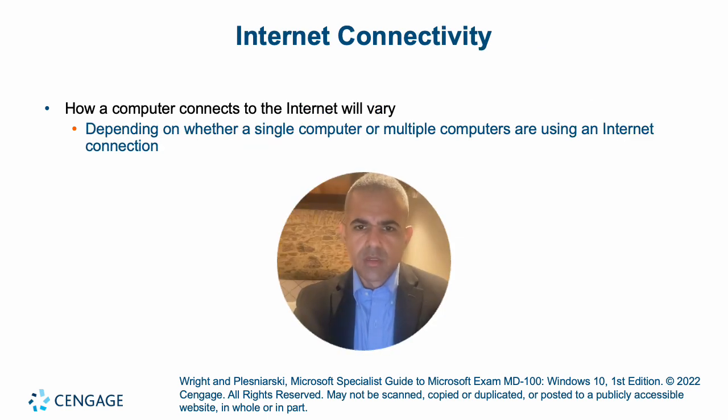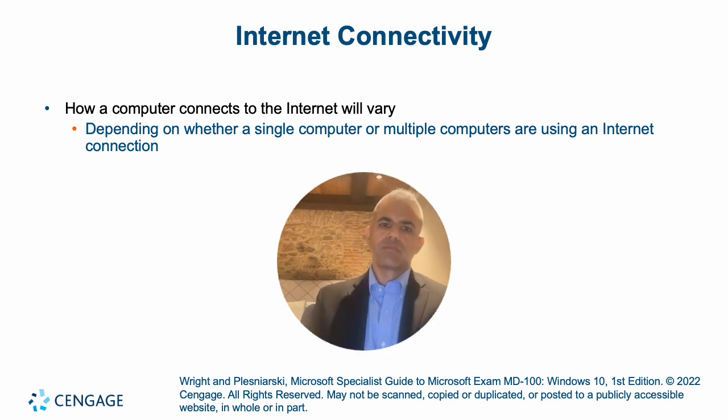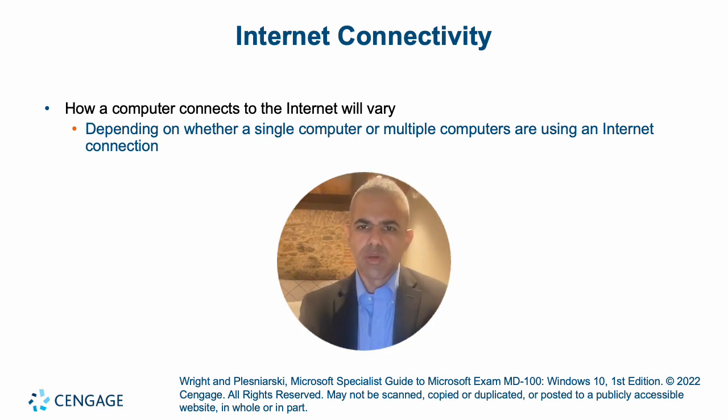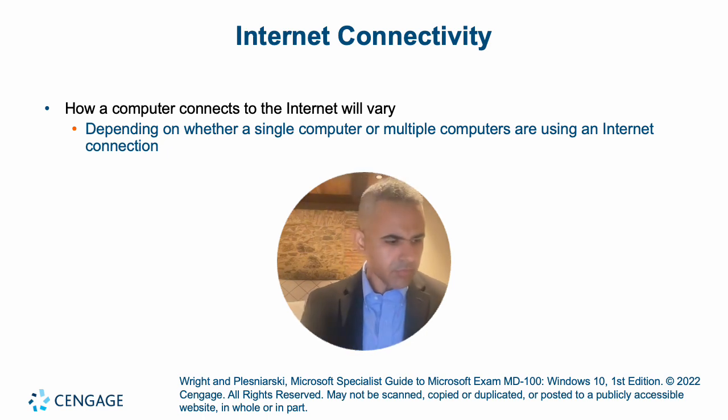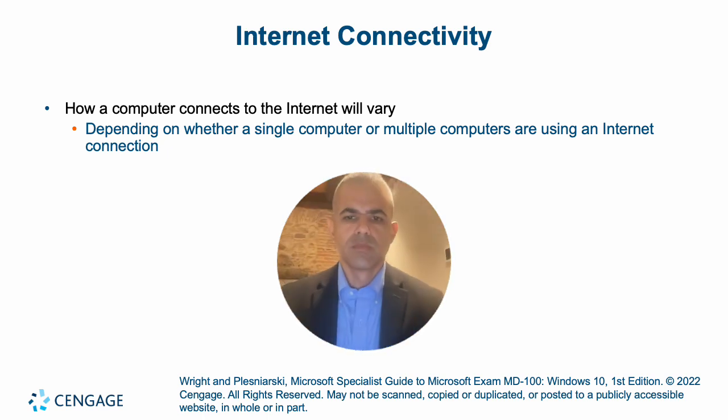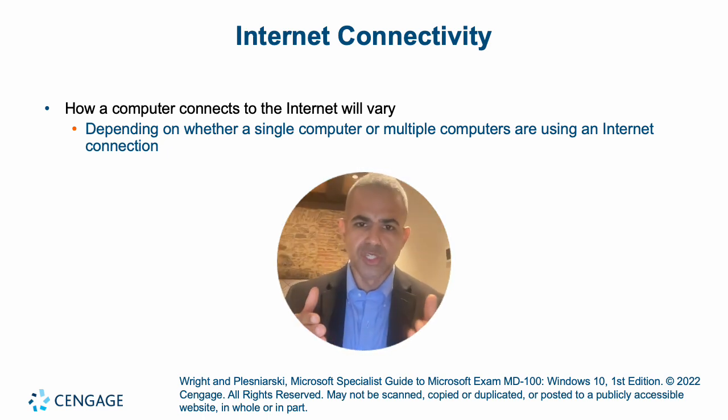Okay. Internet connectivity. Depending on whether a single computer or multiple computers are using an internet connection, we'll decide how we will be able to connect. Think of everyone rushing through a single door.